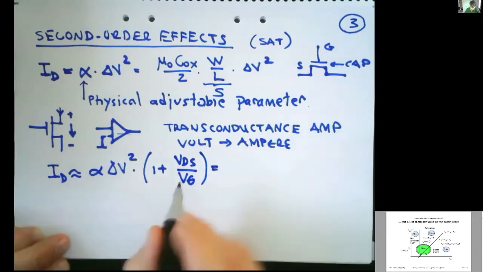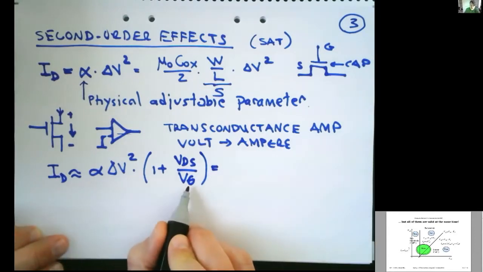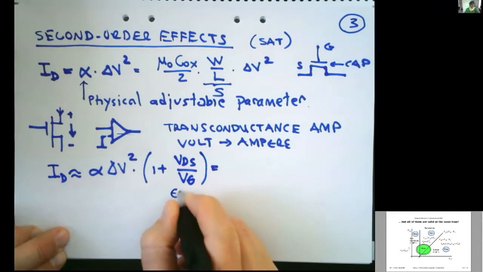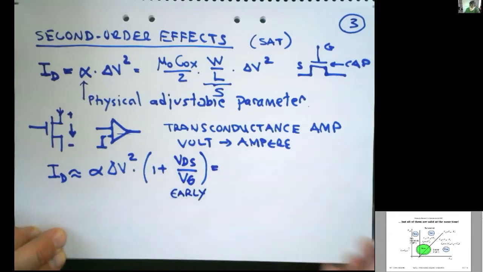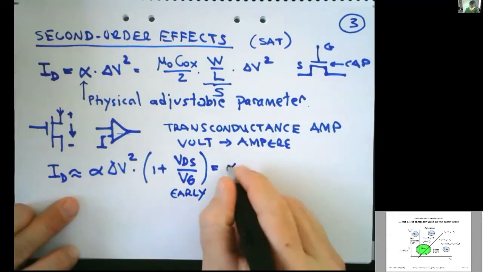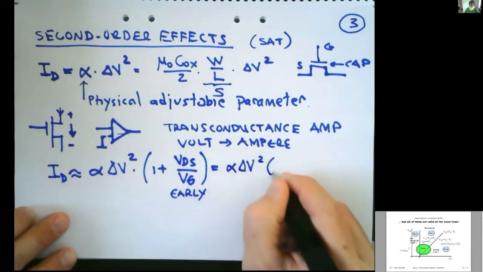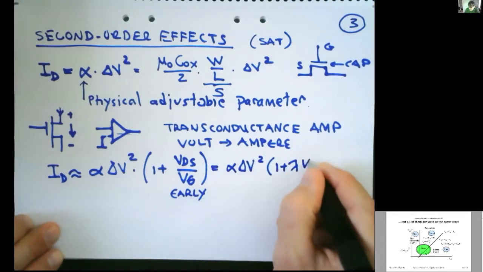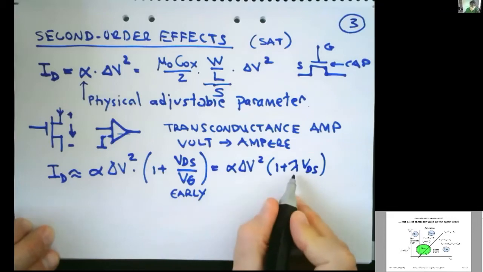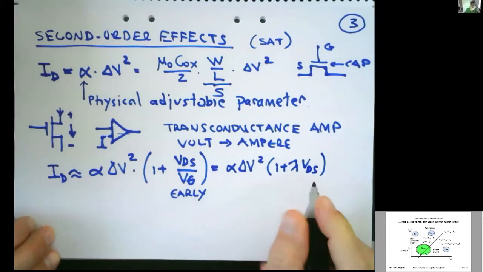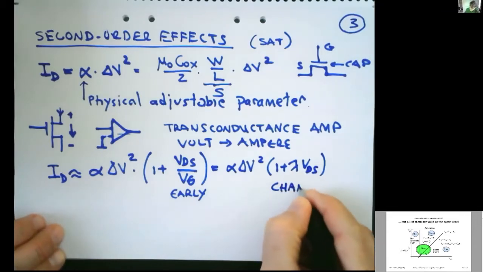Sometimes this is the early voltage. Sometimes we typically see this as alpha delta V squared times 1 plus lambda VDS. And then this lambda is called the channel length modulation.